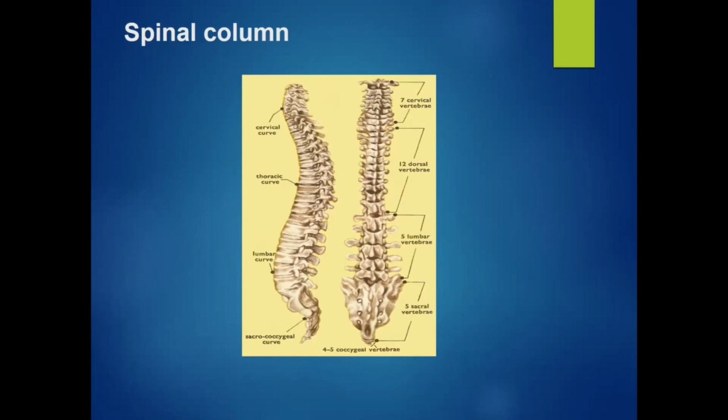Right down at the very bottom, there are 4 to 5 coccygeal vertebrae. In humans, the total can vary between 32 and 35, but the average person has 33, because these bottom 4 to 5 coccygeal vertebrae can vary.